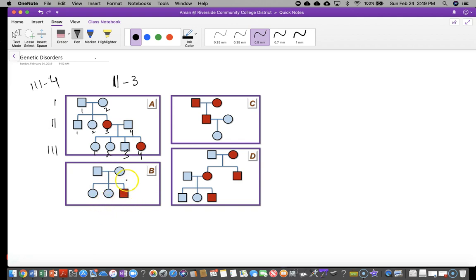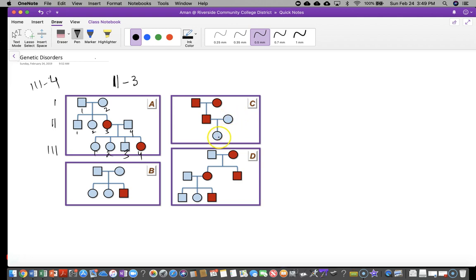For the second diagram, we again have a male and a female who had 3 kids, and only the son was affected, and the 2 daughters were not affected. In this next one, mom and dad both were affected, and their son was affected. Their son got married to another person, and they had a daughter who was not affected.